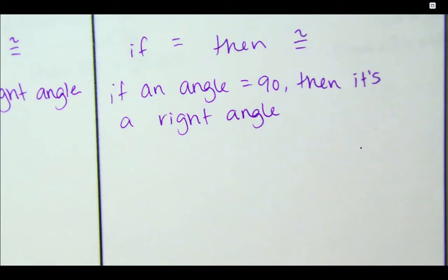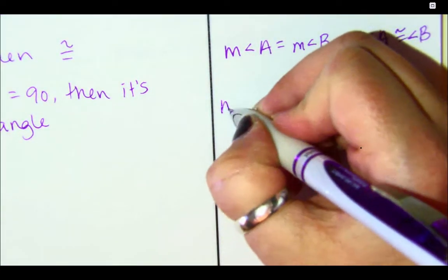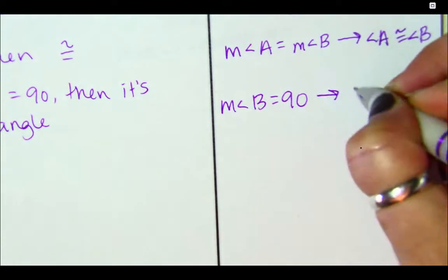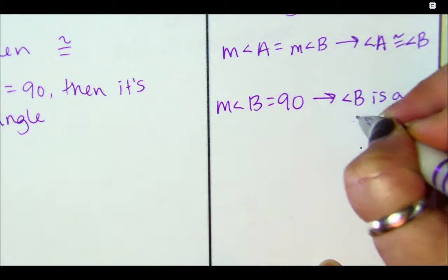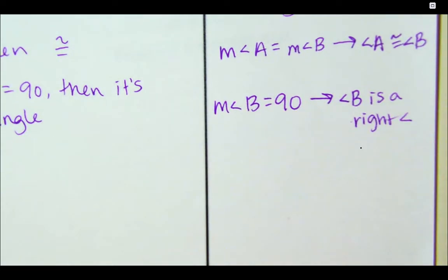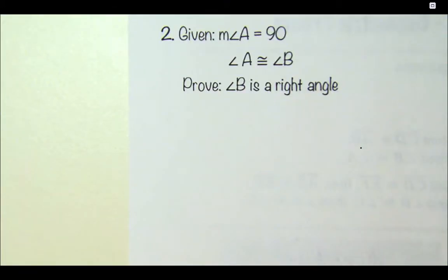So for example, if you had in your proof that the measure of angle B equals 90, then you could say angle B is a right angle based on this definition. So that's going to be useful on this proof. So let's go ahead and list the givens.